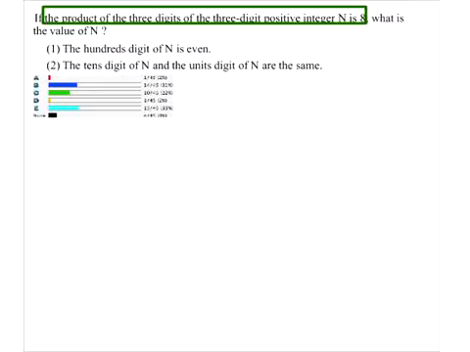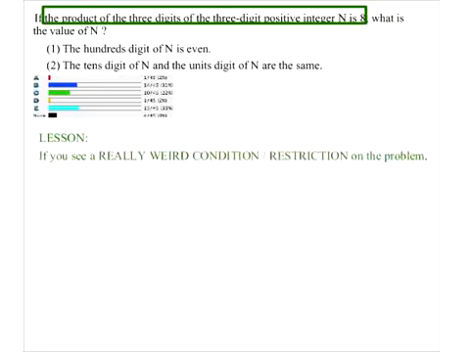So the lesson here is if you see a really weird condition or restriction on the problem, and you can tell that there aren't many possibilities, what do you think you should do? Yeah, all you got to do is, it sucks, but you have to make a list.